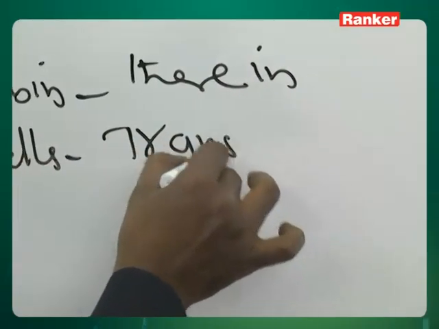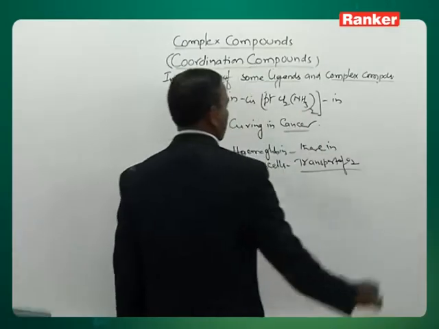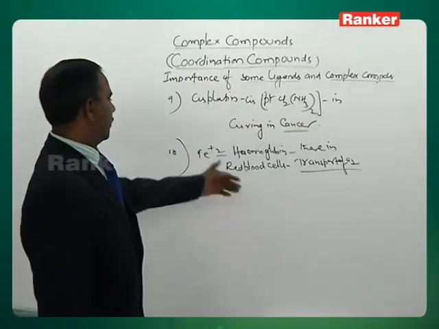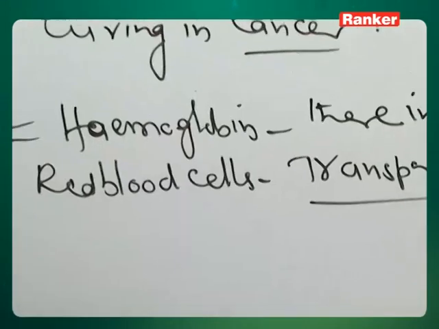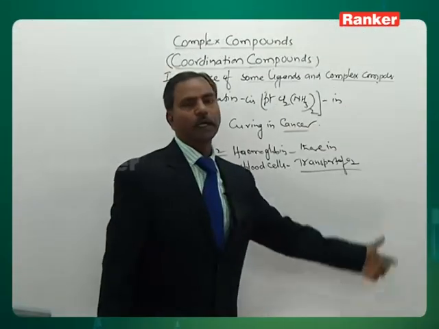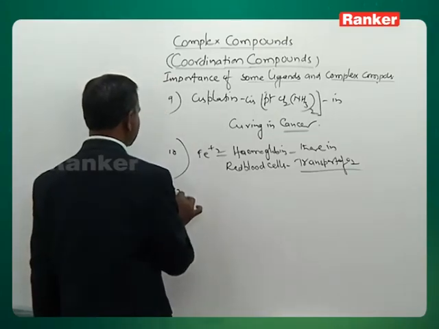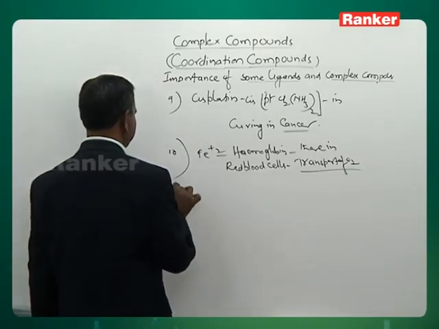Fe 2+ complex, hemoglobin, there in red blood cells, involved in transport of oxygen. Take that as number 11.